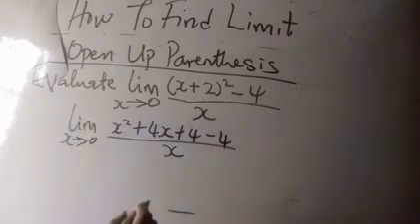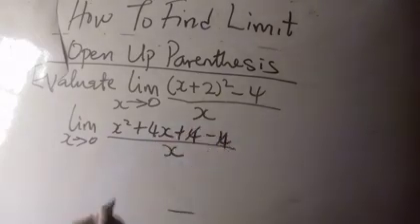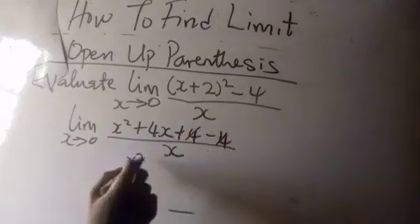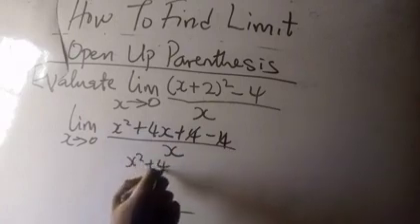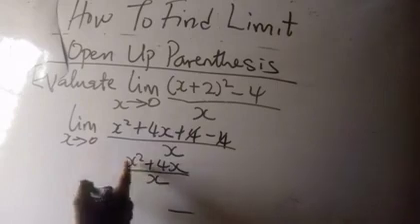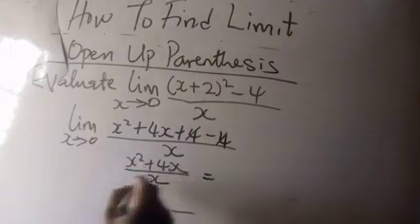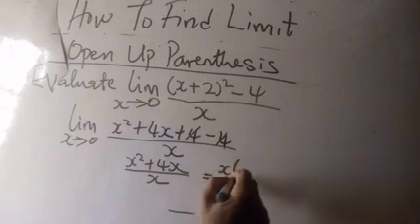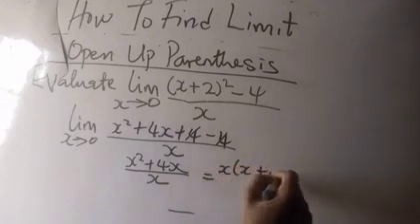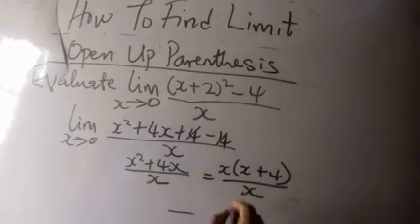From here we have 4 crosses 4 out. We now have x squared plus 4x divided by x. We can factorize x out of here to be x into open bracket x plus 4, divided by x.